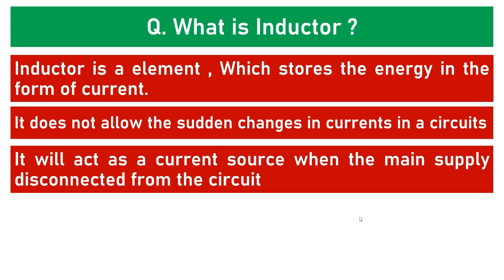It means if we are connecting one inductor in any circuit, then as per the property of inductor, it stores the energy in the form of current. So if the inductor has energy which is already stored in it, then when the main supply is disconnected at one time, that time this inductor will act as a current source.